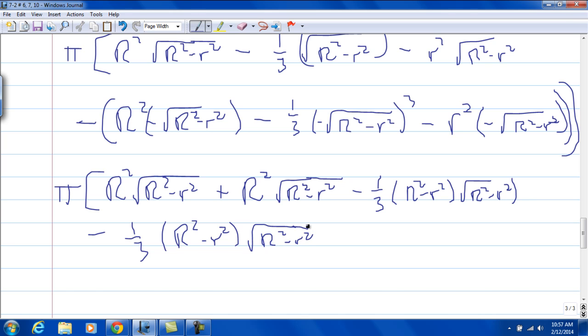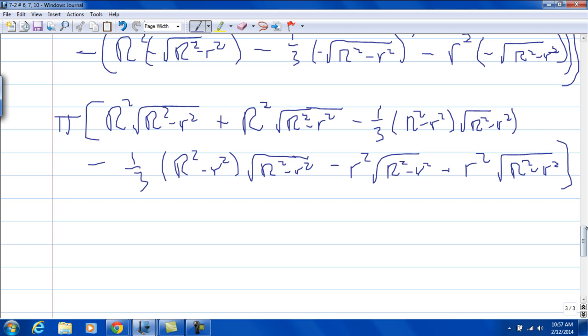And then we have this minus r squared times the square root of capital R squared minus little r squared, and then minus the negative of the negative makes it minus r squared times the square root of capital R squared minus little r squared. Okay, so let's keep going.